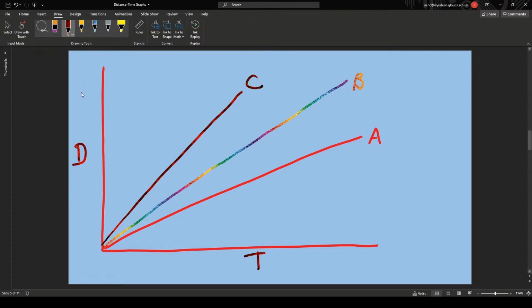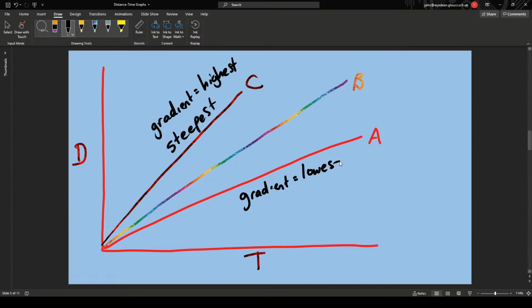For those of you who are sat there feeling a little bit confused, where you're not sure why A is the slowest and C is the fastest, once again, think back to maths. C is the steepest line, so its gradient is the highest. Its slope is going to be the highest because it has the biggest rise over run. B's in the middle. For A, the gradient is the lowest because it's less steep.